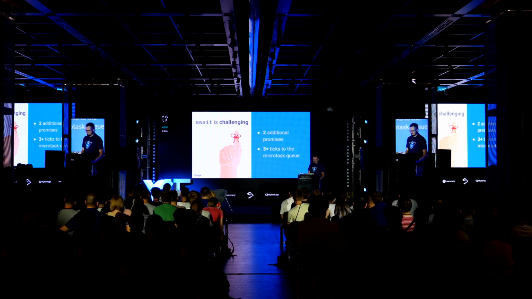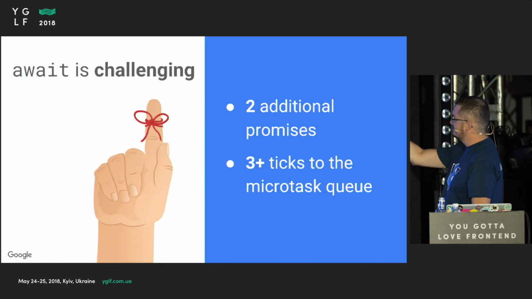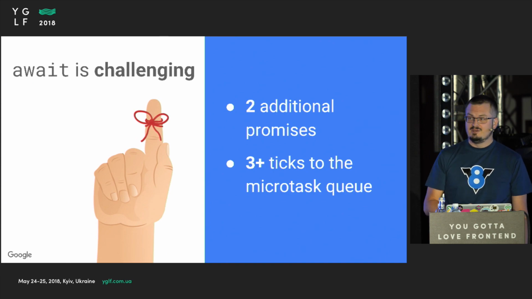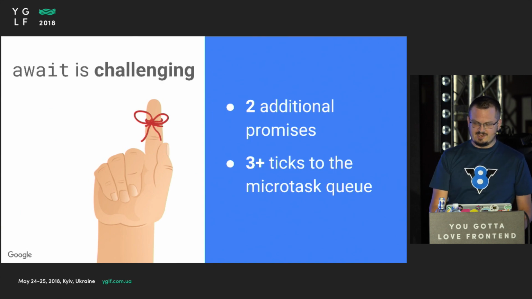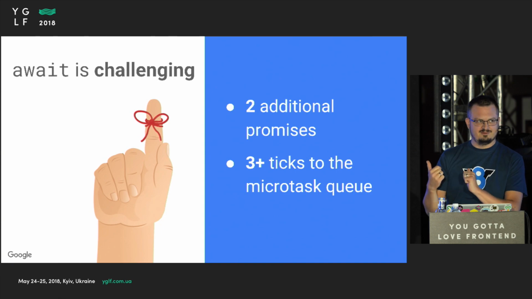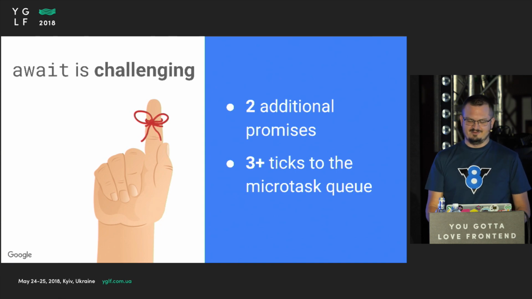Anyways, we are still working on a way to make it faster, so despite the overhead, you see that every await comes at the cost of at least 2 additional promises and 3 ticks to the microtask queue. But we are thinking about ways how we can hide this additional overhead. You should use await, don't start promise chaining just because you saw the slide. So still stick to await, and we will make it fast eventually.